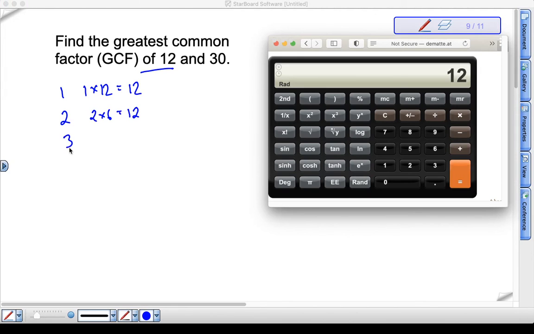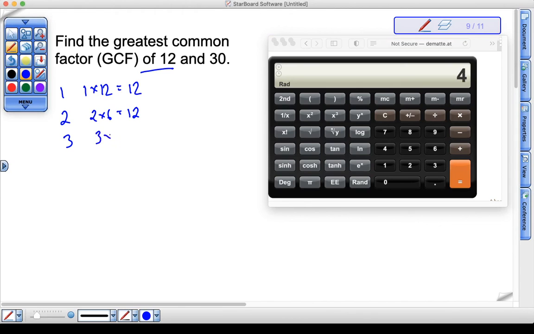So 12 divided by 3 is 4. So 3 times 4 is 12. And I don't need to try a 4 next because I already have that part of this answer here. So the factors for 12 are going to be 1, 2, 3, 4, 6, and 12.